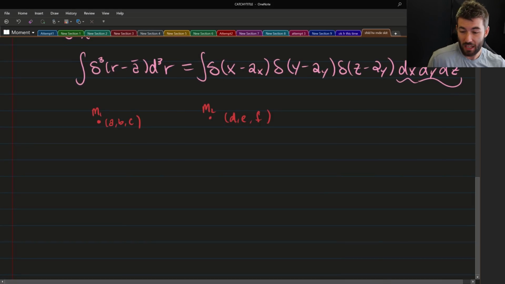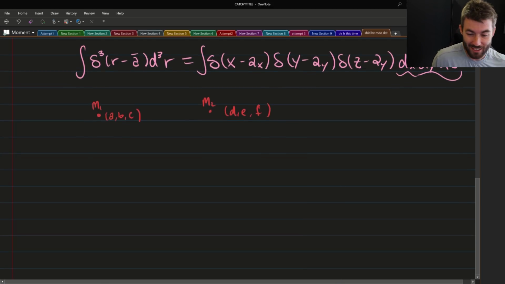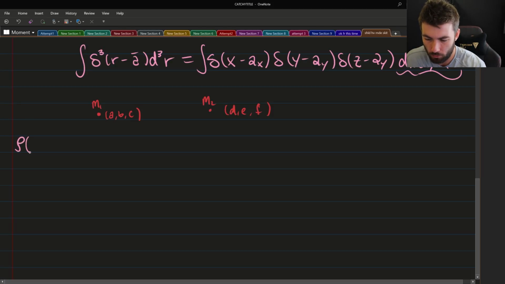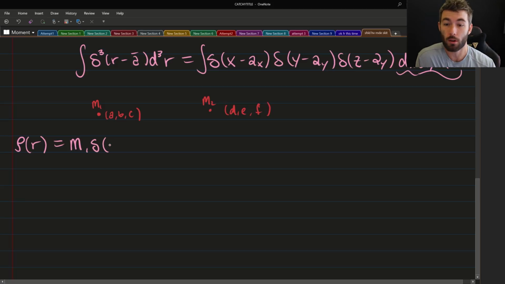And the delta functions are going to keep tabs on where that mass is exactly located. Now, in general, A, B, and C, the position could depend on time. Maybe the charge is moving around or the mass is moving around. Again, for simplicity, let's curb that. We're just nailing it to the board. So the mass density in this example, I'm going to call all of my densities rho. Rho of R is equal to M1 times delta of all of the coordinates.